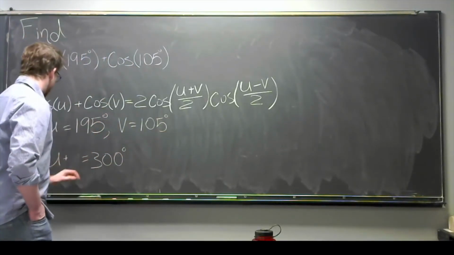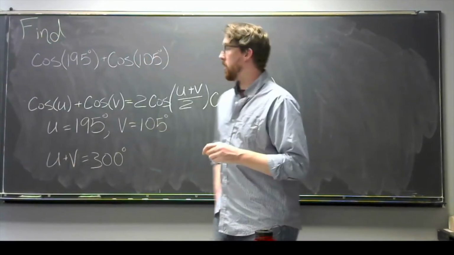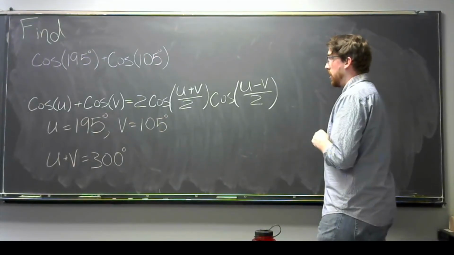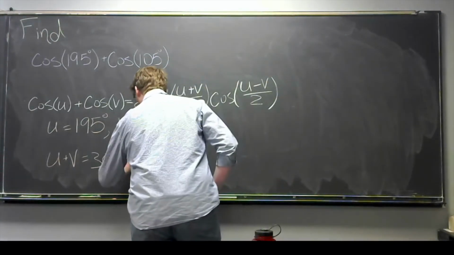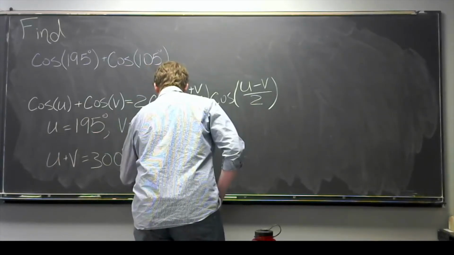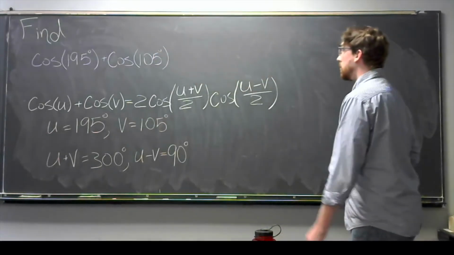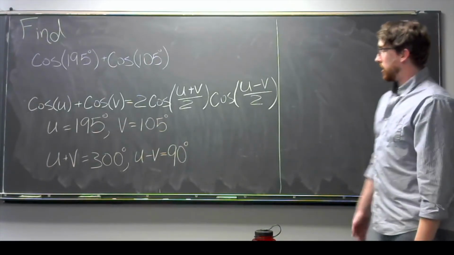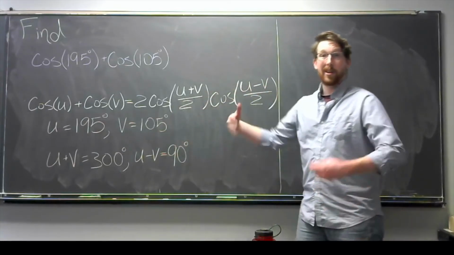And we know that u minus v is going to be equal to 90 degrees. So we can go ahead and just plug u plus v and u minus v into this formula and solve it outright.